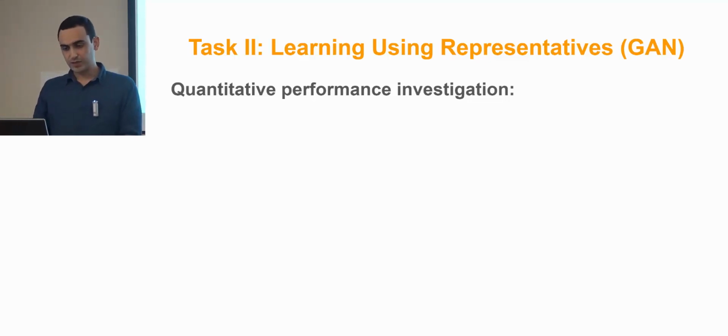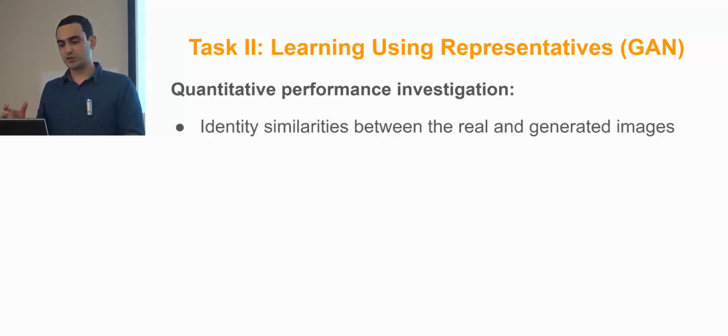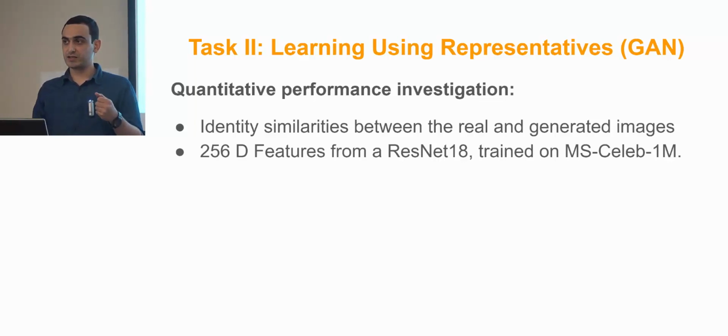To compare the results, we perform this quantitative investigation. We try to measure the identity similarities between the real and generated images. For that, we extracted the features of the generated and the real images using a ResNet model, and the model is trained on the MS-Celeb data set.